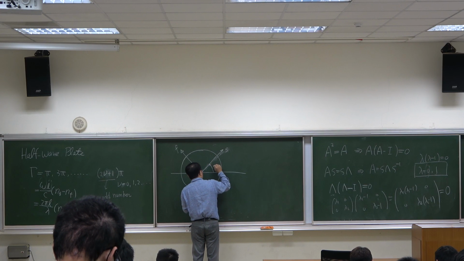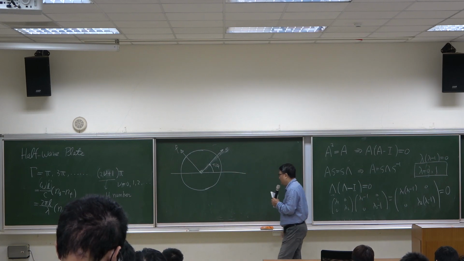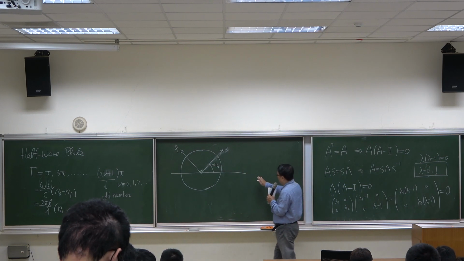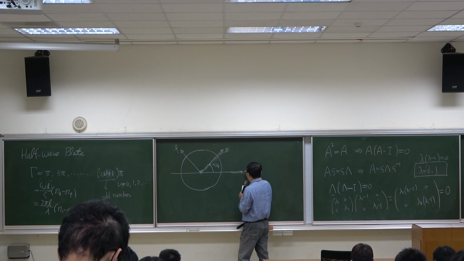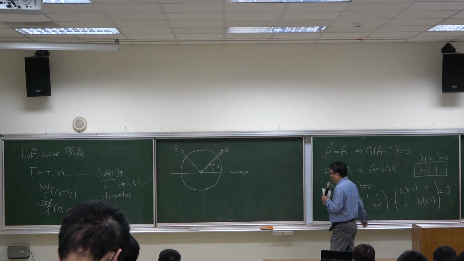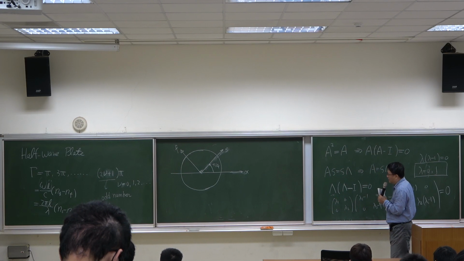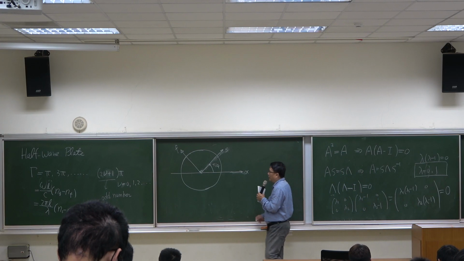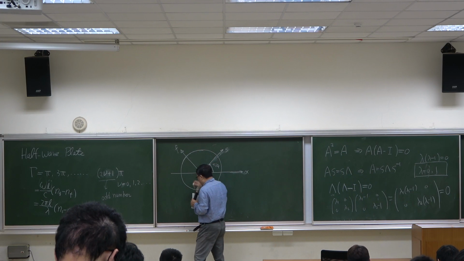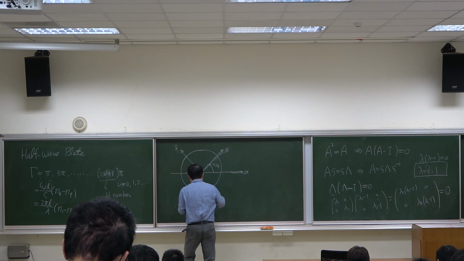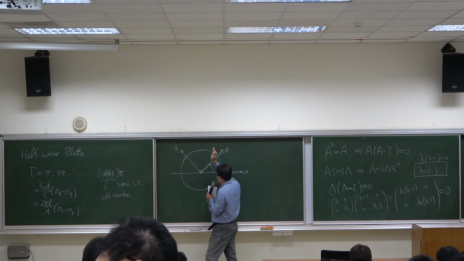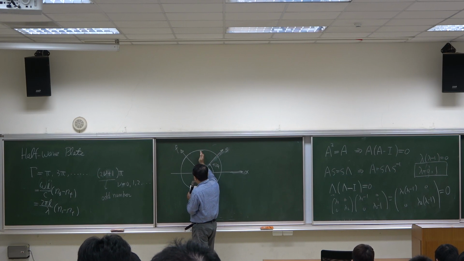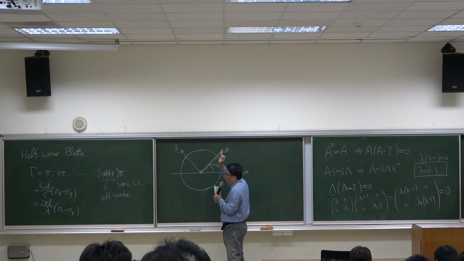We assume that this is pi over 4, which means 45 degrees. The slow axis is along the direction such that the angle between the slow axis and the x-axis is 45 degrees. Then we choose the incident light to be polarized along the y direction.